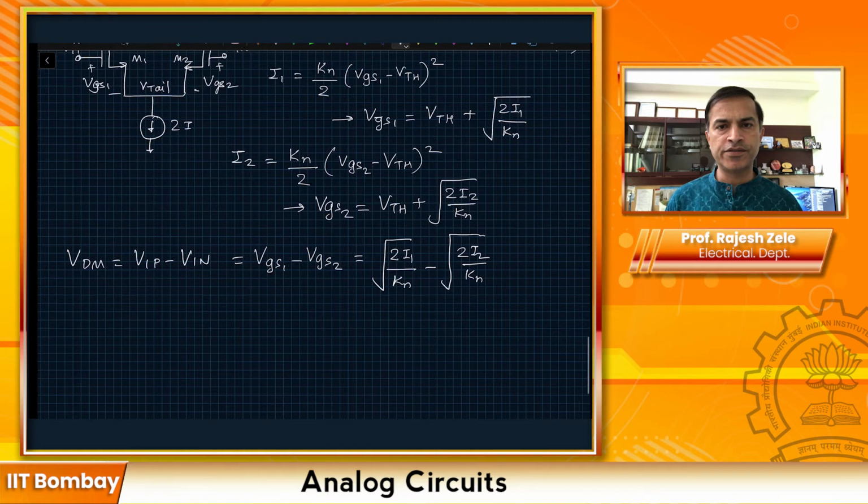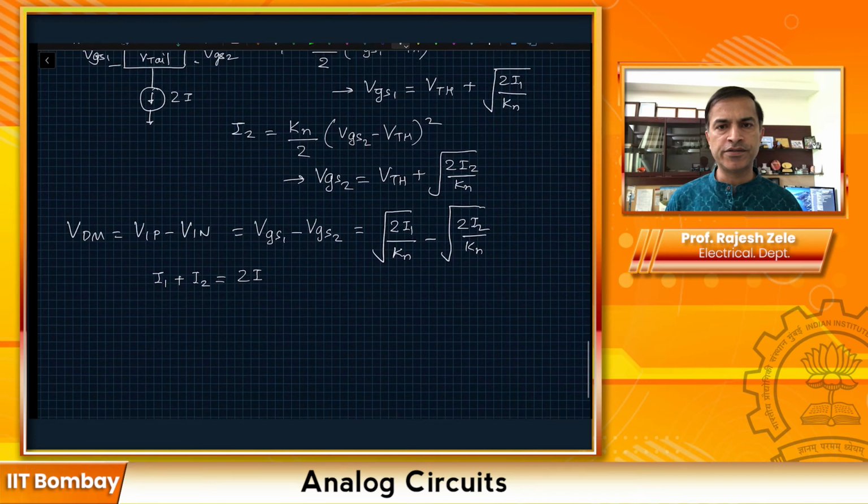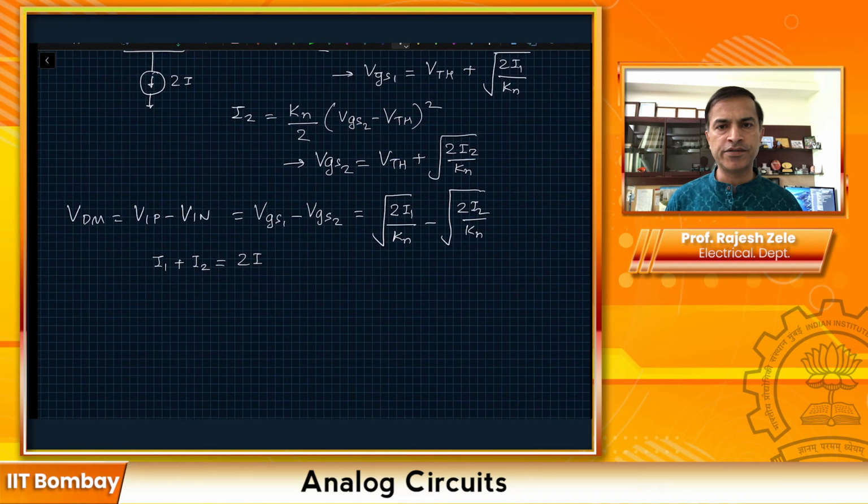MOSFET equations are a little bit tedious. The typical thing that we do here is we know that I1 plus I2 is equal to 2 times I. The current between the two branches sums up to 2I. And let's call I1 minus I2 equal to delta I, just a difference in the two currents.